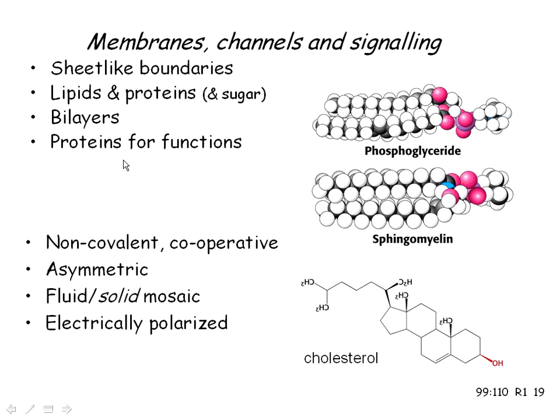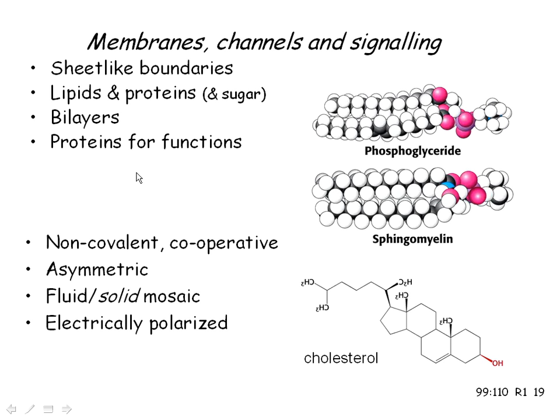So we've talked about cytoskeleton proteins, we've talked about enzymes, we've talked about nucleic acids. The other big domain of structural proteins would be membranes. And these are a place where lipids come into their own. They are the boundaries that allow cells to have insides and outsides.